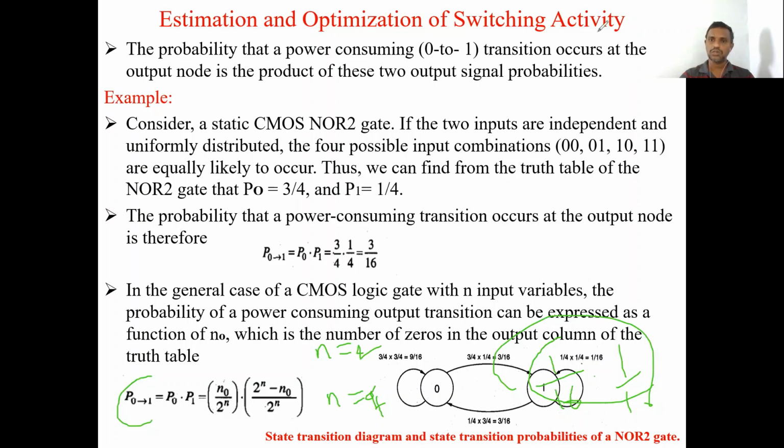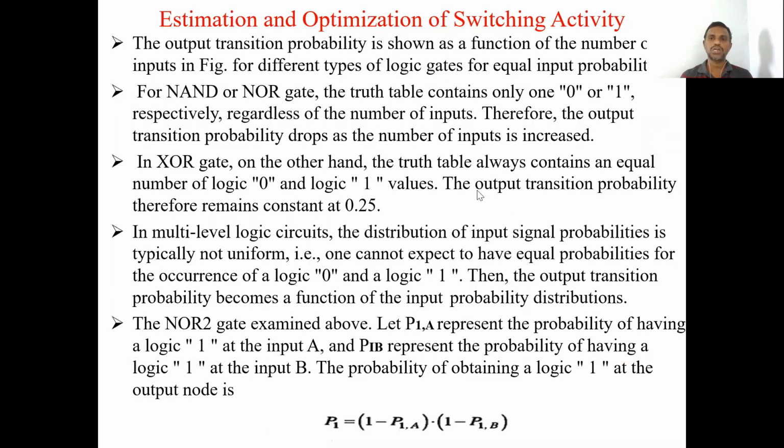That is the statement: whenever the number of inputs at the gate increases, the total power consuming transition probability will decrease. For a NAND or NOR gate, the truth table contains only one 1 or one 0 respectively, regardless of the number of inputs.